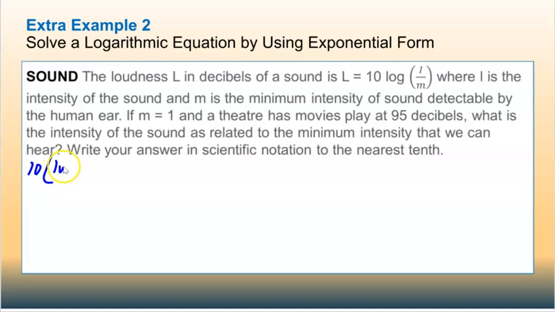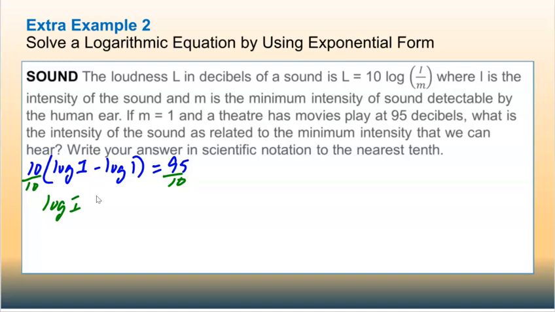So this would be log of I minus log of 1, since M is 1. And this is going to equal 95 because our loudness in decibels is 95. Now to get the parentheses by itself, I'm going to divide everything by 10. And that gives us log of I.